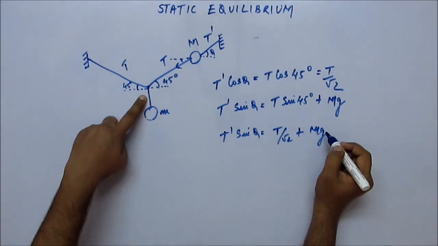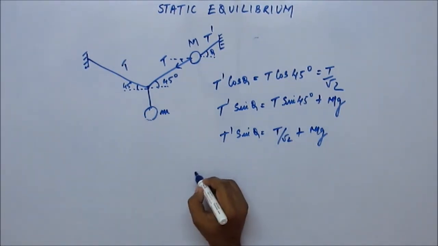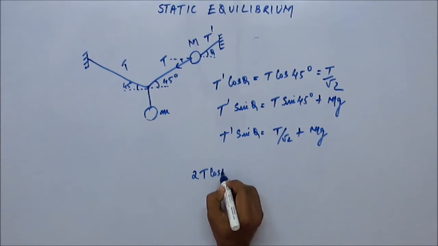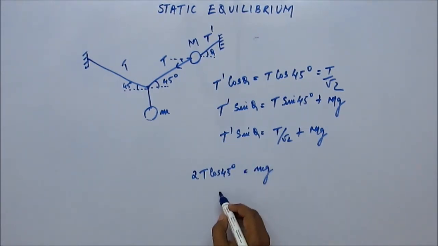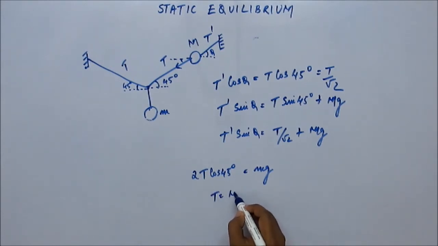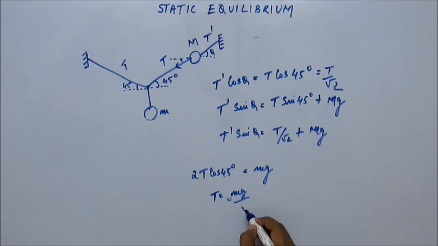If you write the equilibrium condition for this in the vertical direction, we'll get 2T cos 45 degree is equal to small mg. This gives us T is equal to small mg upon root 2.